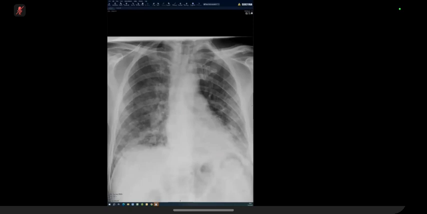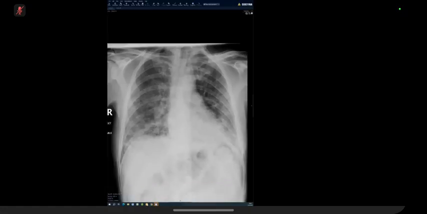This can be multiple small nodules. In my routine practice, I would like to check for a previous X-ray to see if the patient has progression of such disease or not, and I would like to communicate the findings with the referring physician and recommend CT.